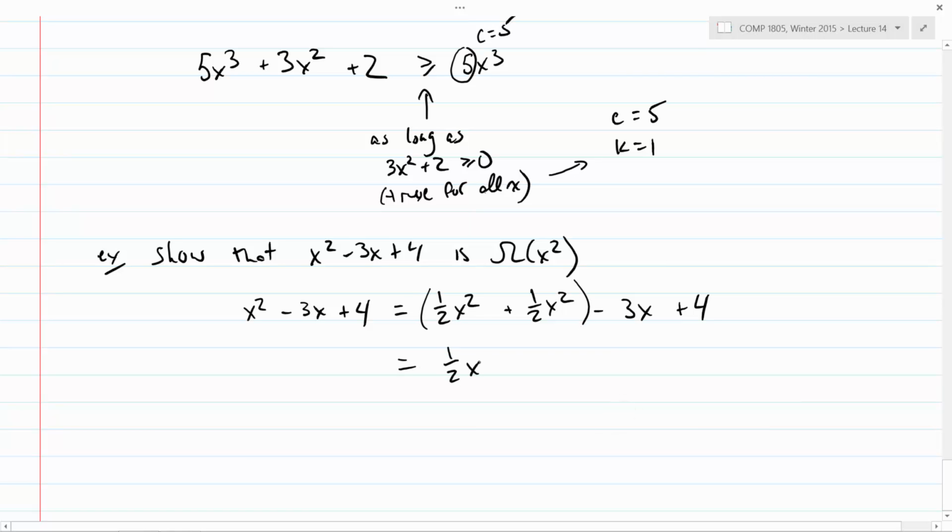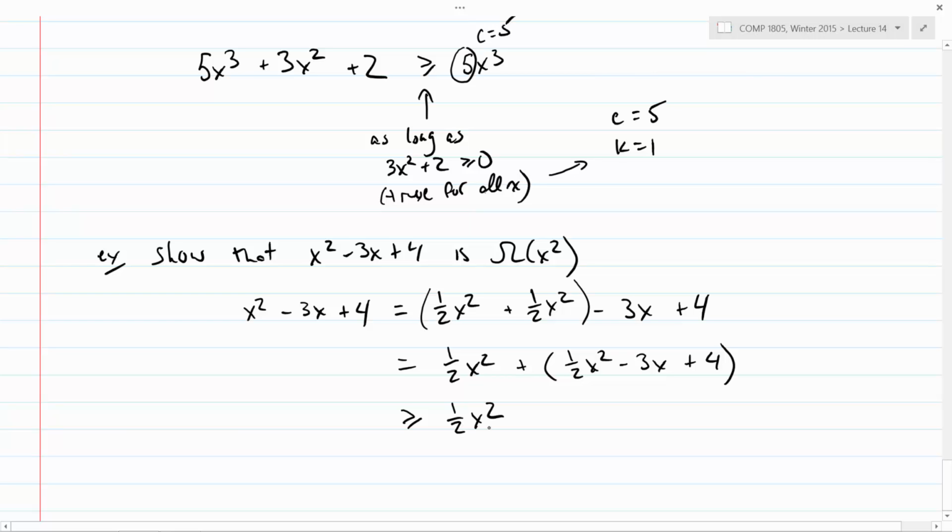But what if instead I wanted to bracket it like this? I'm allowed to do that. I can bracket it however I like. All right. And notice what I've done is this was a minus before, and I've turned it into a plus. This is a giant plus. So this thing here is bigger than or equal to 1/2 x squared.